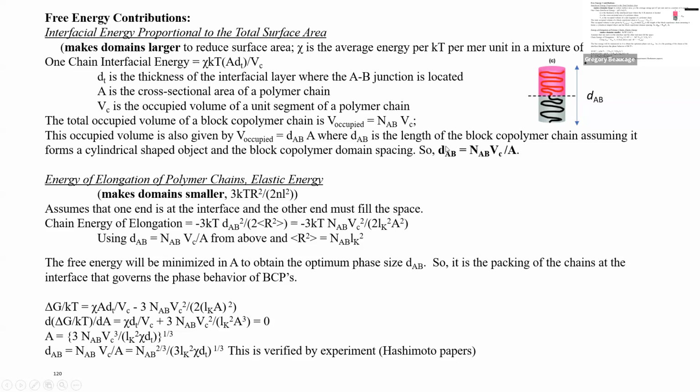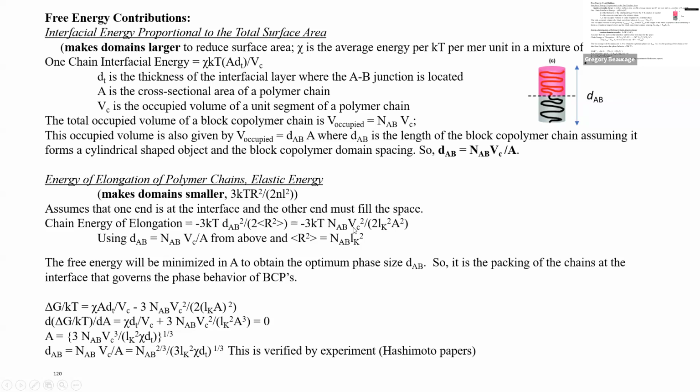So you can rearrange that: D_AB is N_AB times v_c, the occupied volume of the chain, divided by the area, and you get D_AB. So you can plug that in here and get this equation that replaces it, and then R squared is N L squared. So you can plug that in, and you get this expression just for the chain elongation, just by substituting in this guy that came from that, and this thing, which is our N L squared thing.